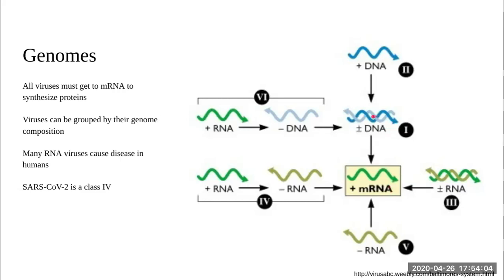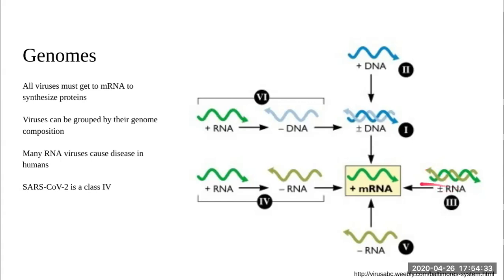So if you start with DNA, you can immediately start synthesizing mRNAs through transcription. If you came in as single-stranded DNA, you would have to make that complementary strand of DNA first. So this would have to be made double-stranded, and then it could synthesize mRNAs, because that's how transcription works. If you came in as a double-stranded RNA virus, you have a negative strand and a positive strand.